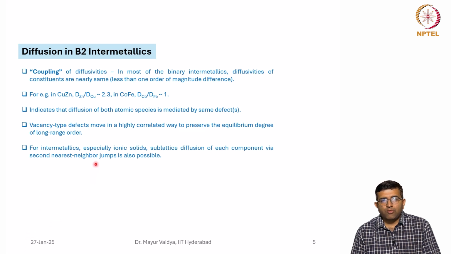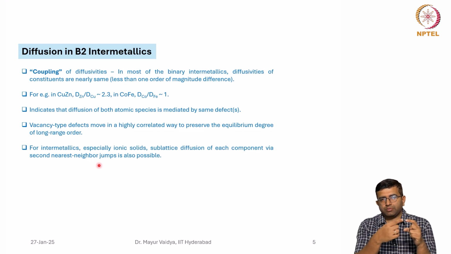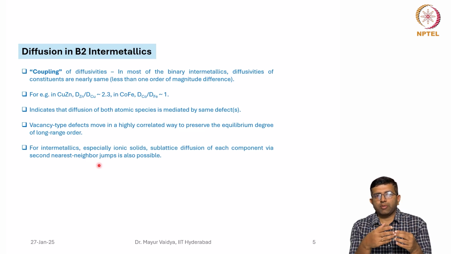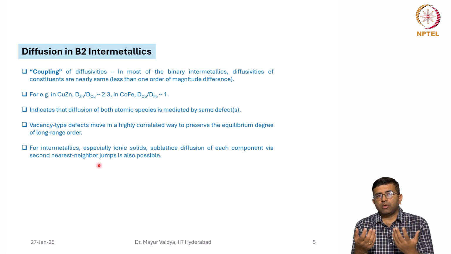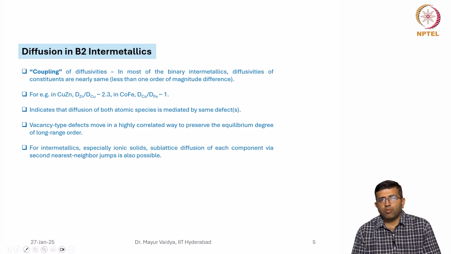For intermetallics, especially ionic solids, sublattice diffusion of each component via second nearest neighbor jumps is also possible. So far, we have always talked about the exchange happening with the nearest neighbor, but in some cases, as we will see more in ionic solids, second nearest neighbor jumps are also possible.